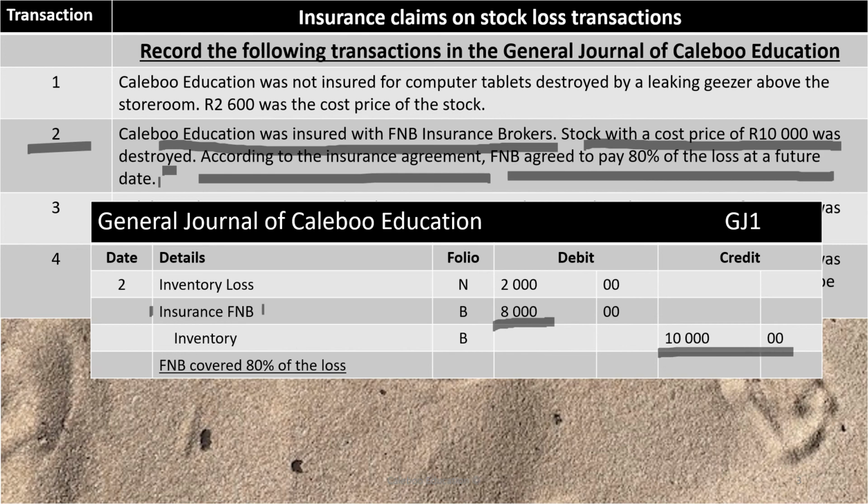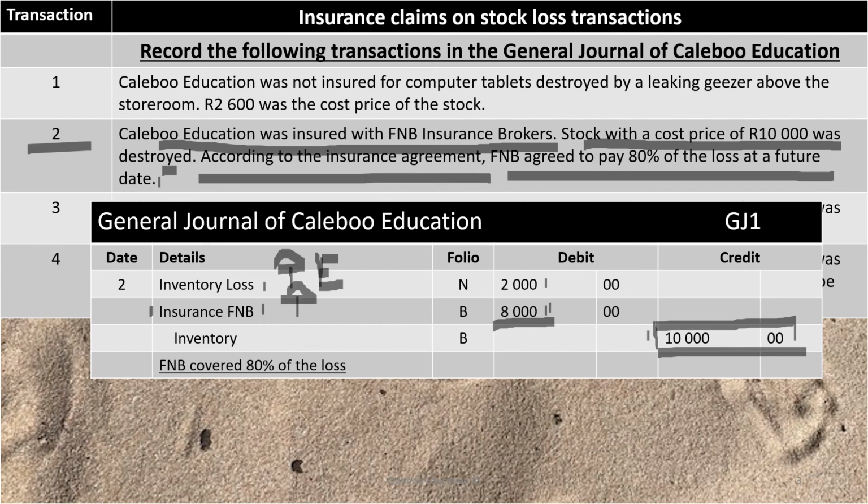80% of the stock that was lost, the 10,000 Rand value of the stock that was destroyed. They're going to pay 80% of that at a future date, which is 8,000. So the loss in our books is the difference between what's going to get paid out and what we lost: 10,000 minus 8,000 is 2,000. Inventory loss, remember, is an increase in expense.